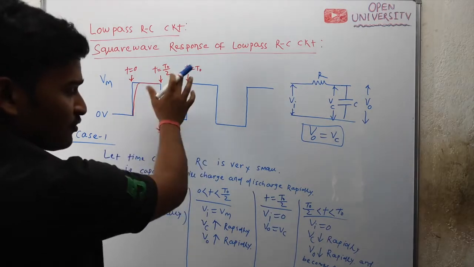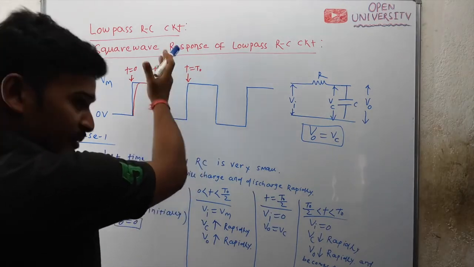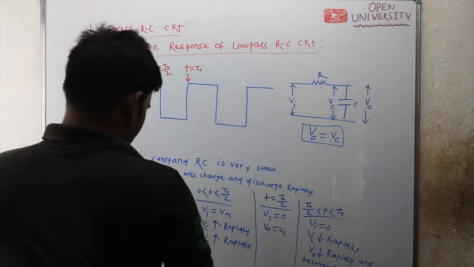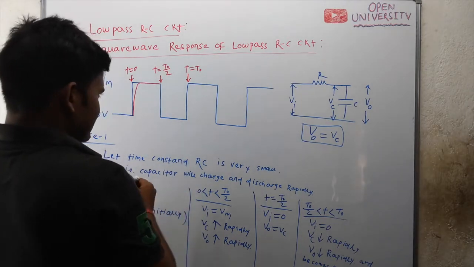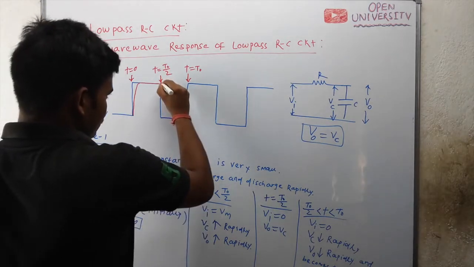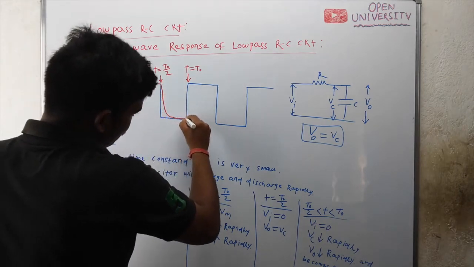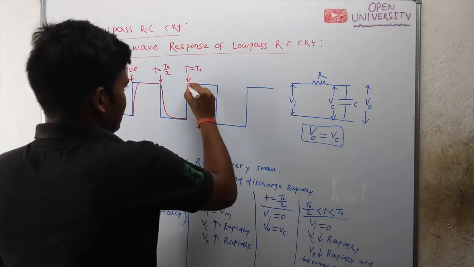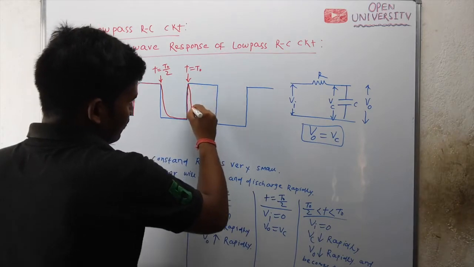So whatever amount capacitor voltage increases in charging interval, the same amount capacitor voltage will reduce in the discharge interval. So in discharging interval, capacitor voltage will reduce from this value to 0, and this process will continue.